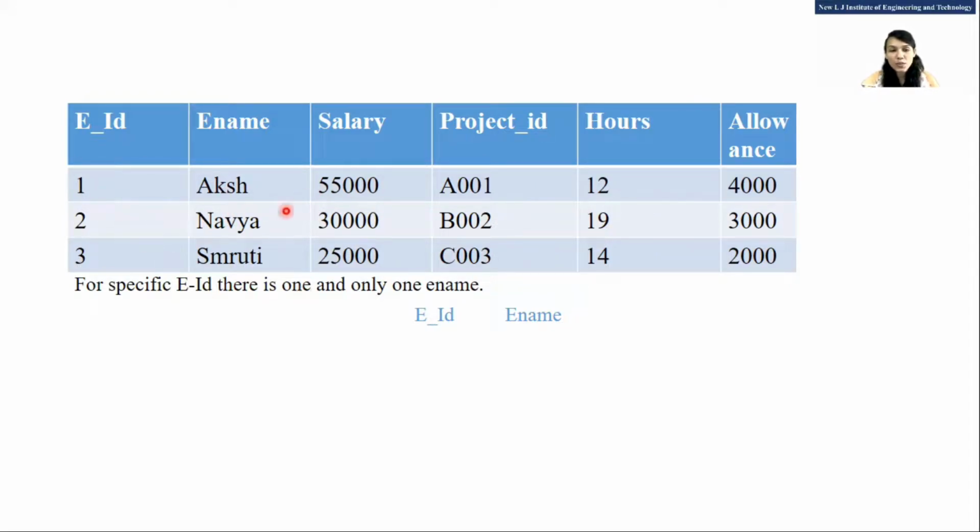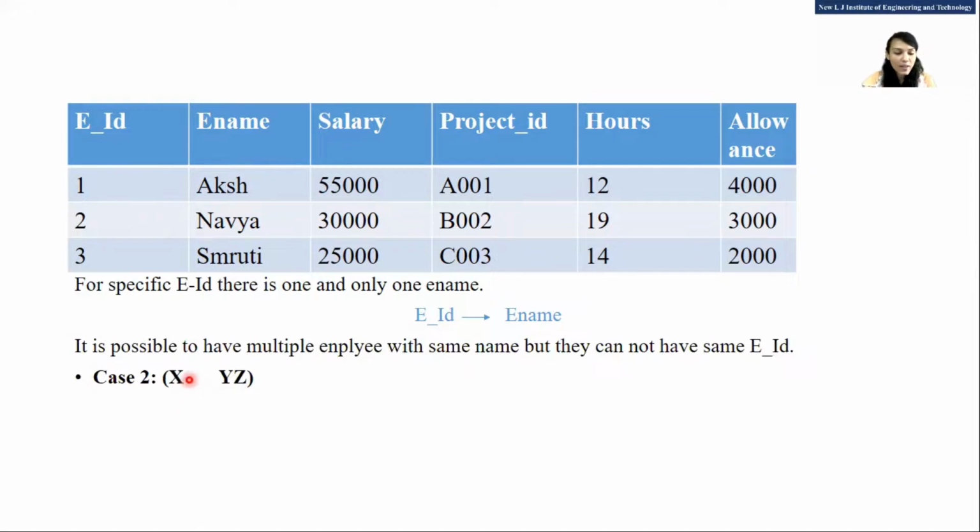So here, only EID can easily identify all the records in this particular table. Suppose I say Aksh, then with Aksh I can't identify the EID, but if I say the EID is 1, and ask who is the employee for this particular EID, then we can easily get the information using just EID. So here EID and ename: my arrow goes from EID to ename. That means EID determines ename.